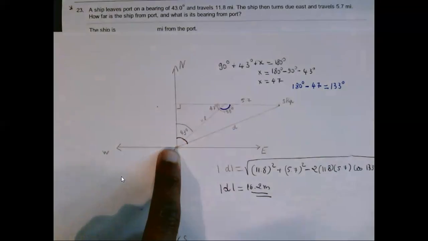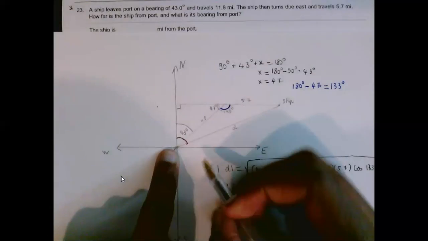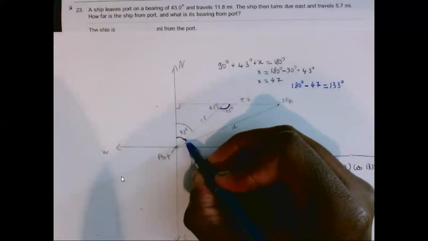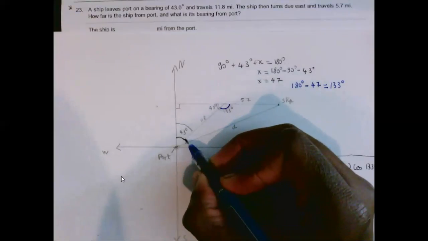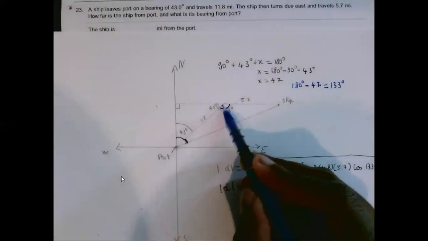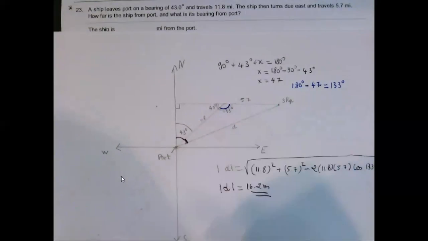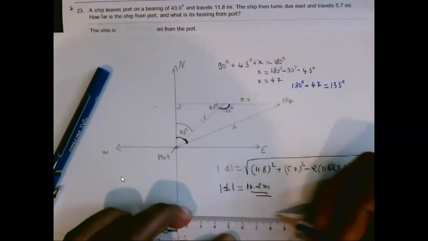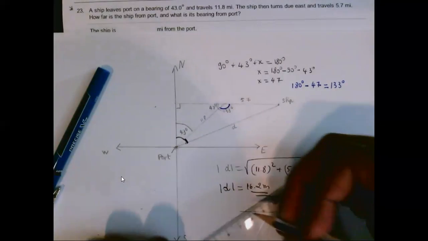I already know the other part, which is 43, but I need to find the small portion. So I can look at this shape as a triangle by itself. So I can redraw the picture as a triangle on its own.